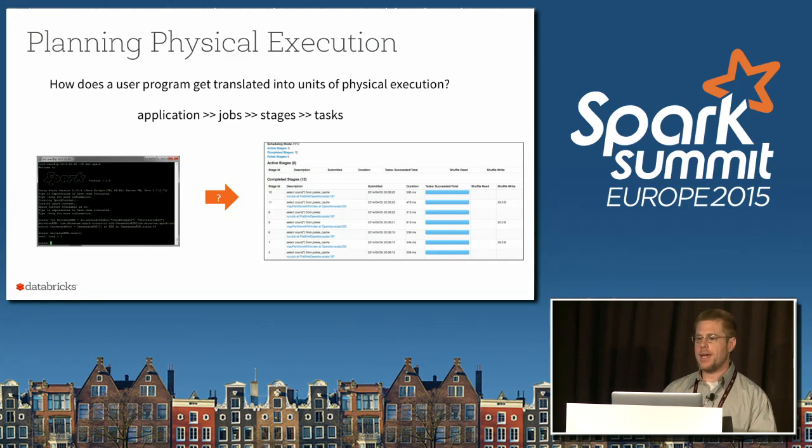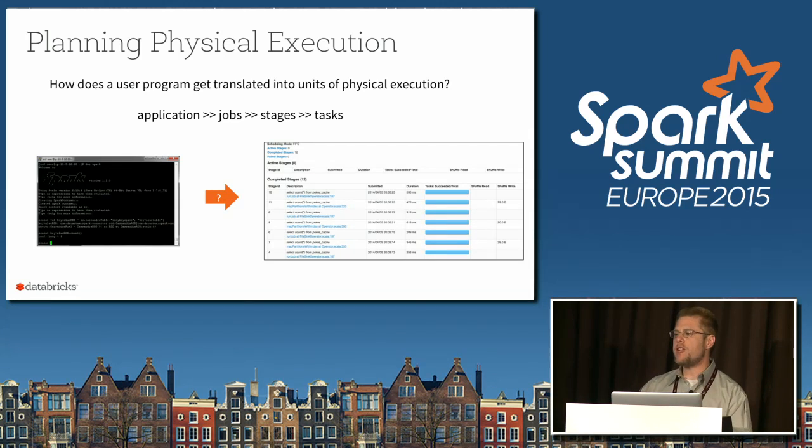So we have this application, and we call an action like, say, collect, and that becomes a job. What Spark is going to do is break that job down into stages based on shuffle boundaries. It's going to look at the DAG, this directed acyclic graph of RDDs, and figure out where there are shuffles based on which transformations are narrow versus which ones are wide.